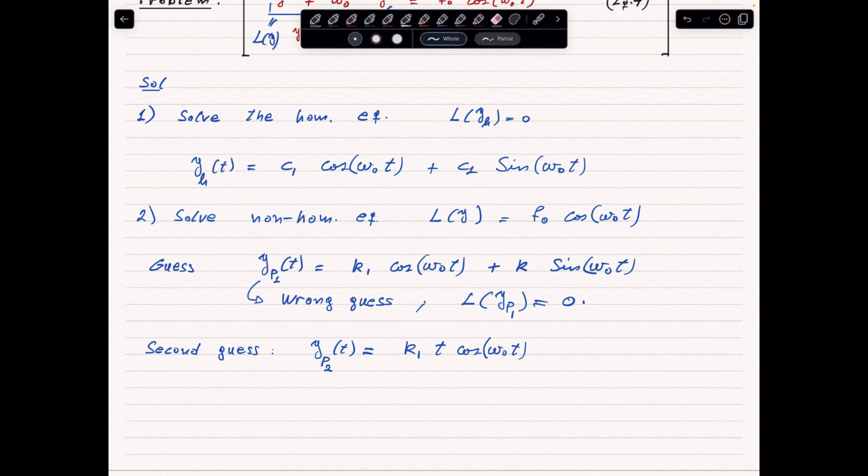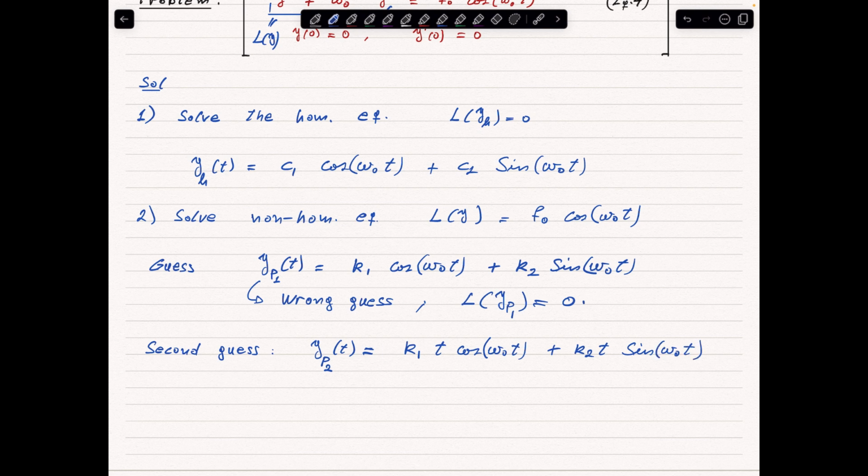These should be different constants. In general they are different constants. So actually the correct guess now, by trial and error, you can see that it's going to be k2 t sine of the natural frequency times t. So now this is going to be a good guess.